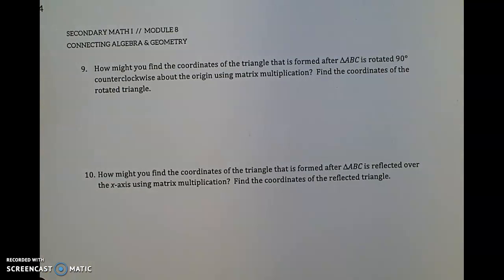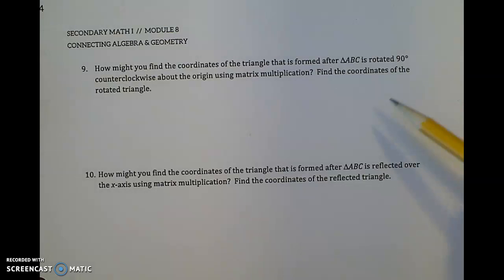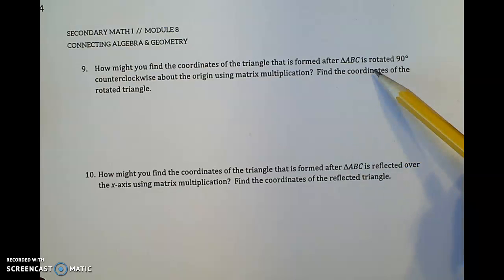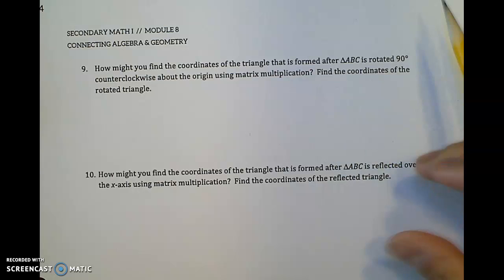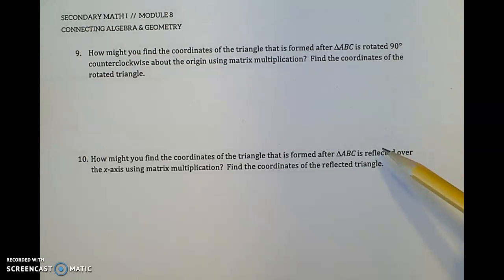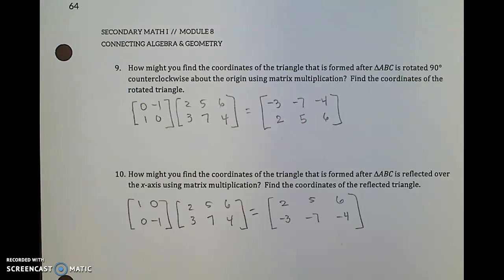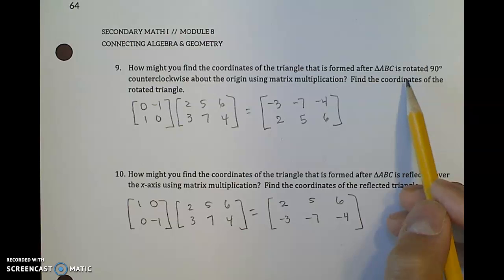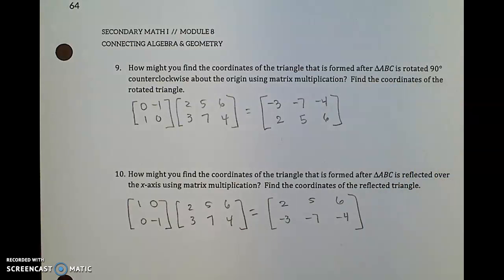Alright, so I want you to pause the video and do problems 9 and 10. For 9, take that ABC triangle matrix and rotate it 90 degrees counterclockwise using matrix multiplication. For number 10, take that ABC triangle and reflect it over the x-axis. Alright, so this is what you should come up with. We want to rotate this triangle 90 degrees counterclockwise.